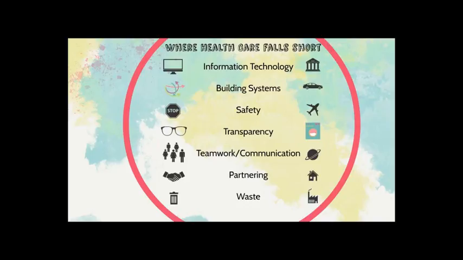Mm-hmm. So when we think about safety, the aviation industry is an example of how they have just pioneered great safety practices. They understand mistakes or accidents that have happened. They learn from past performances. They make adjustments. They do everything they can to ensure a safe flight.